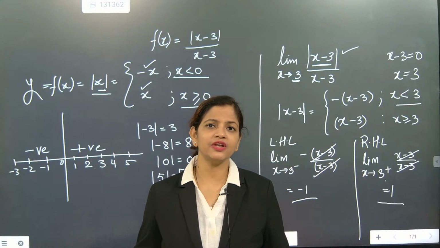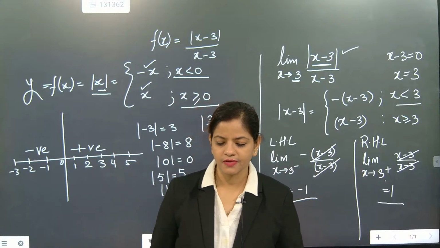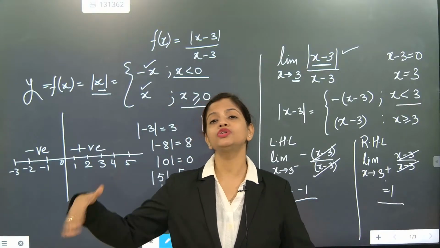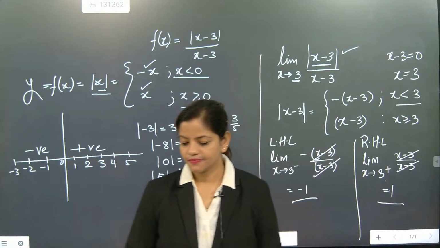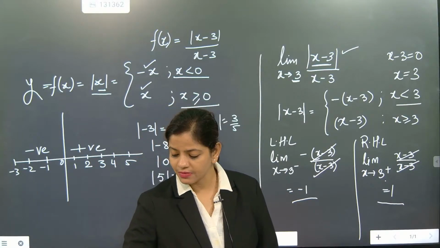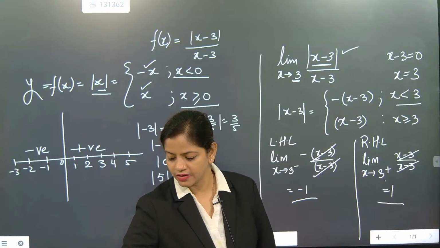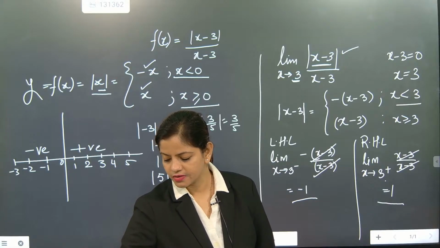And left side, what should be my value to make myself continuous? If you answer this question, it means a little bit you are understanding the concept. Otherwise, you have not understood the concept. This is the only thing. Come on, go for it.